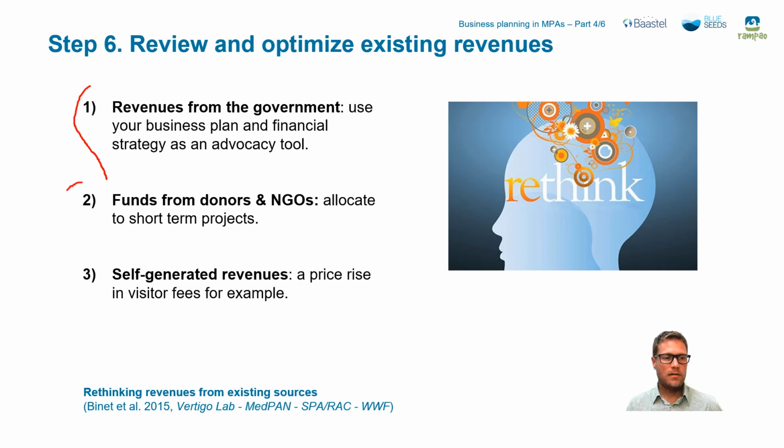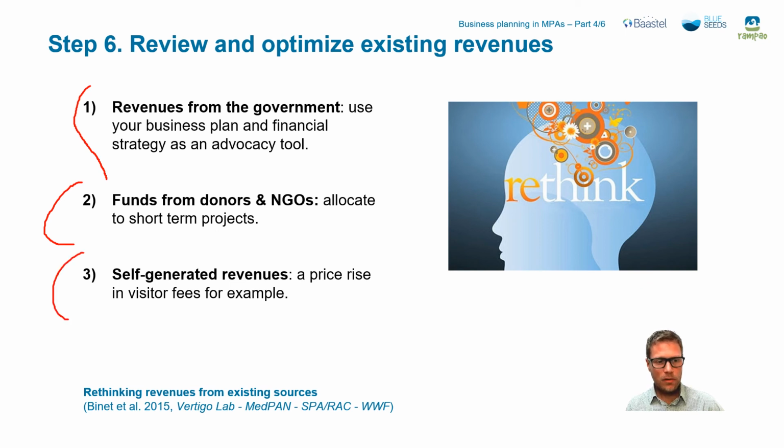Let's take another example. Funds from donors and NGOs. These are usually allocated for specific projects inside MPAs, so this leads to varying revenues. So most internationally funded or NGO funded projects don't have follow-up when they're finished, so you would want to allocate these funds in priority to short-term projects rather than counting on them over the long term.